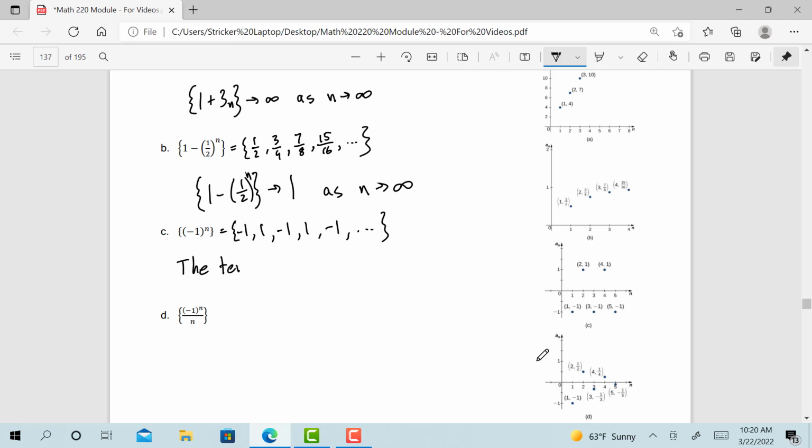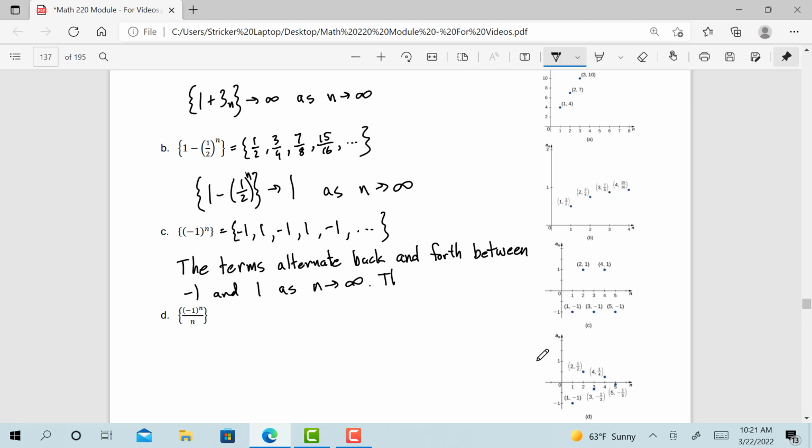Let's write out what we just said. The terms alternate back and forth between -1 and +1 as n approaches infinity.